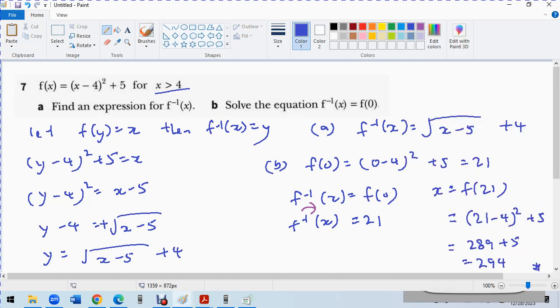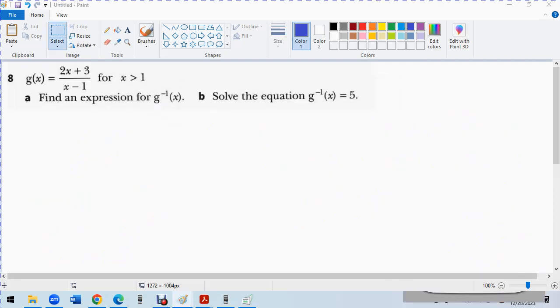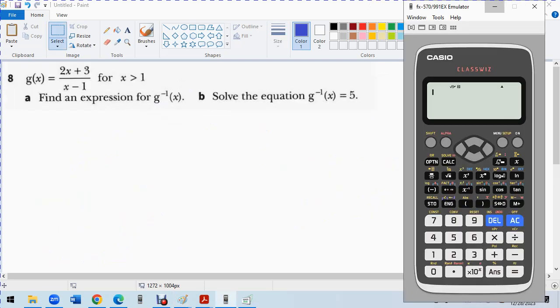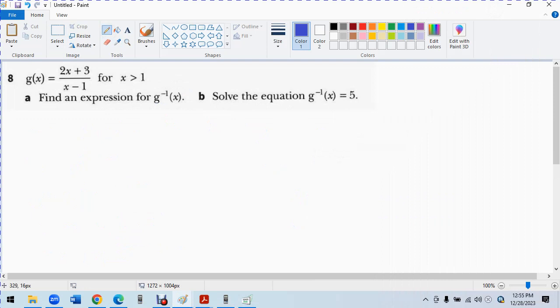Okay, so for question number 8, it is a little bit complicated compared to the previous one, because when we want to write y as the subject, it will involve something a little bit complicated compared to the previous one. So let g(y) equal to x, then g inverse x equal to y.